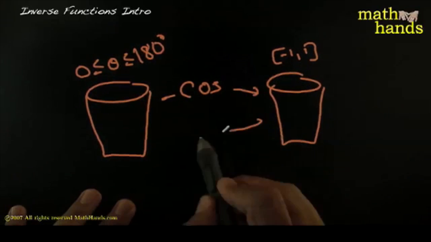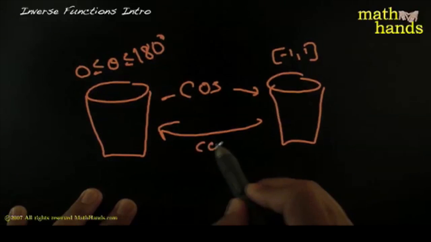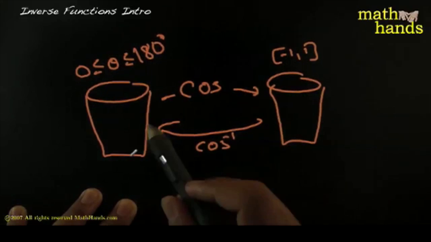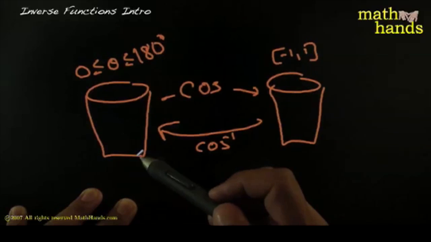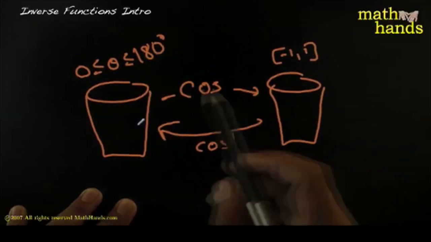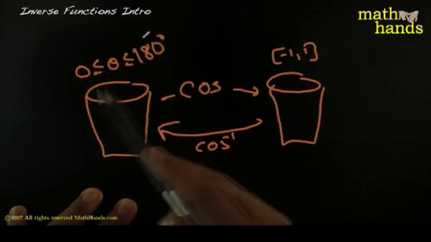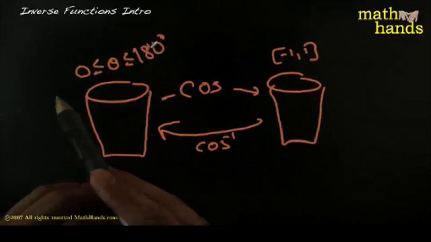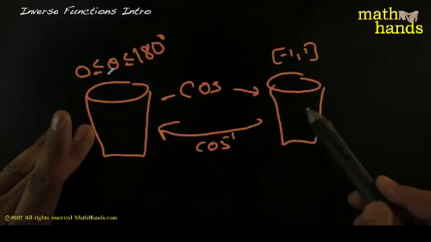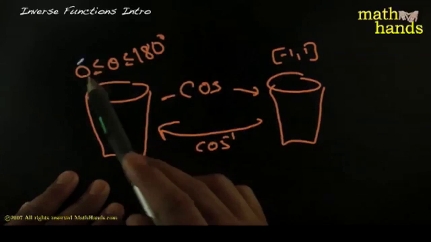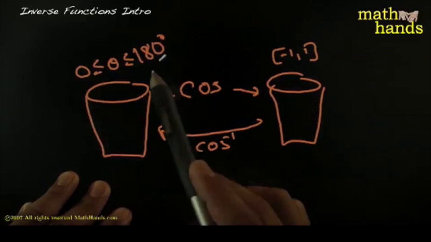This is the cosine function. So the cosine inverse function will work nicely here, where you only have one choice to go back to. This is the way most calculators are programmed. Out of all the millions and millions of possible angles that give you the same ratio, they program it to give you the angle that fits right between 0 and 180 degrees.